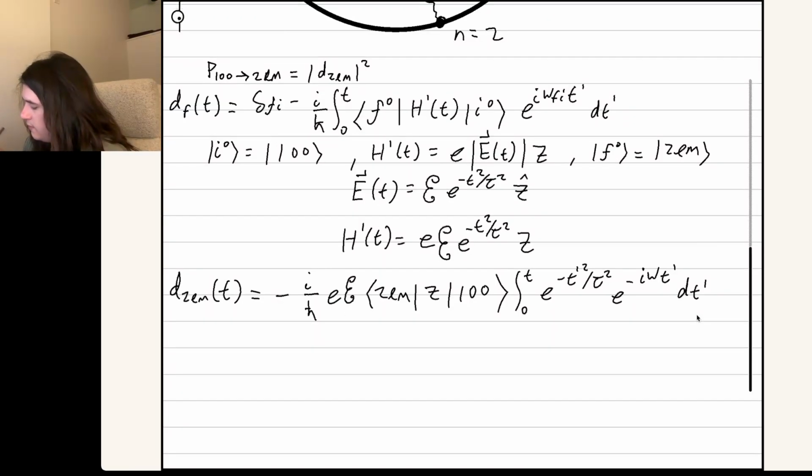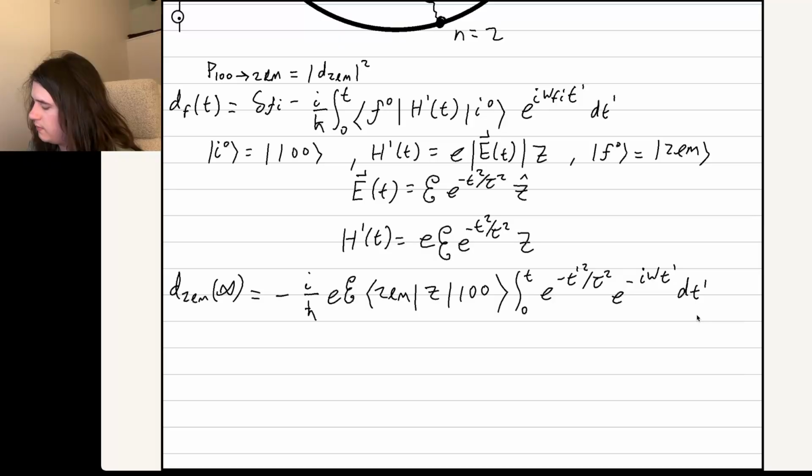And the upper bound is not actually little t, it's infinity. That's because we're letting it go for an infinite amount of time. And for the lower bound, we'll change 0 to minus infinity because it makes the math nicer. Right, so this time integral, Shankar already did, and I'll write the result that he got.